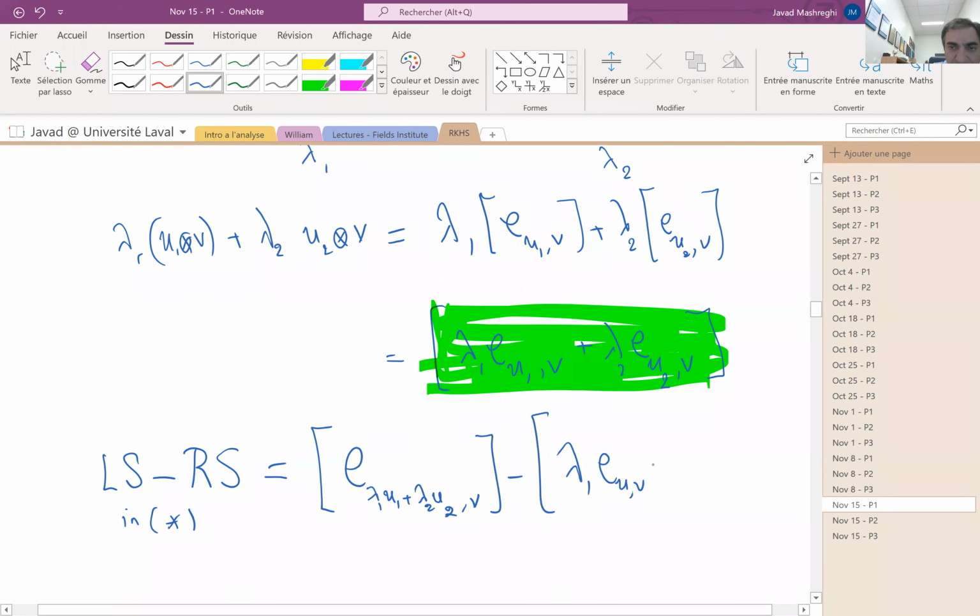We need to be very careful here not to do operations which are not legitimate. So we just follow the rules.